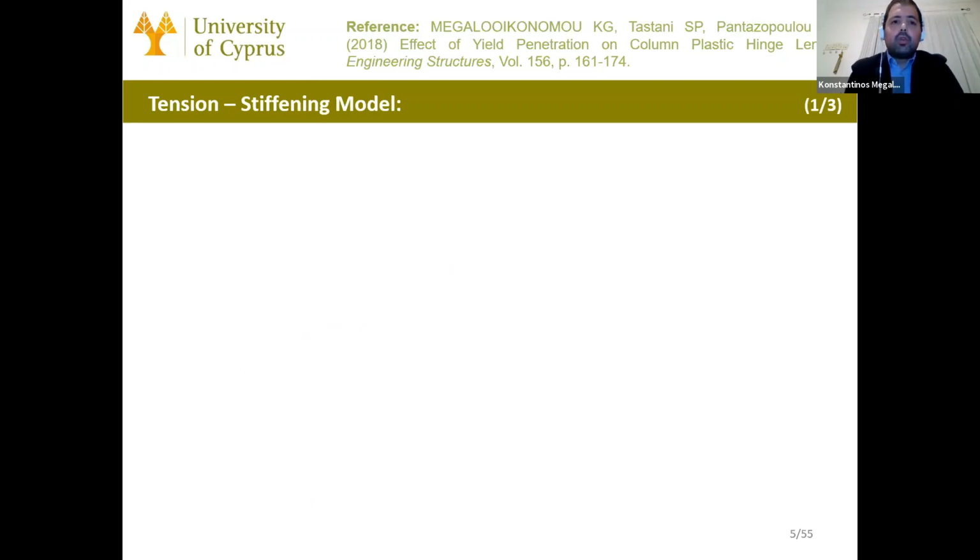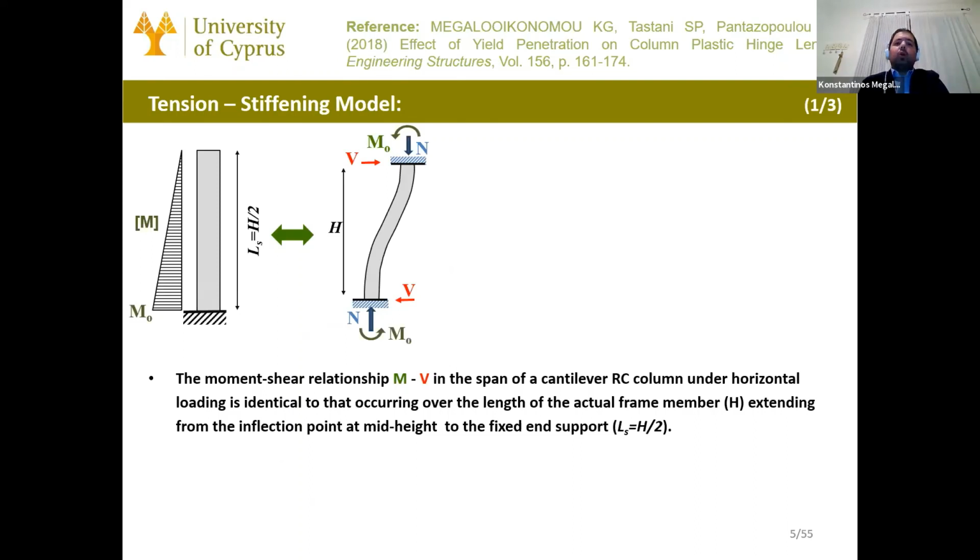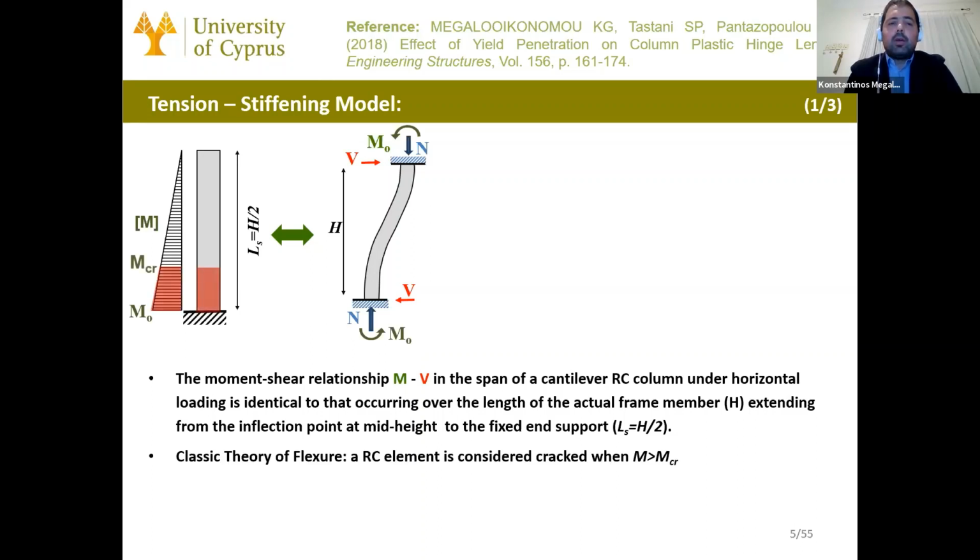So, as we said before, the moment-shear relationship in the span of a cantilever under horizontal loading is identical to that occurring over the length of the axial frame member, extending from the inflection point at mid-height to the fixed end support. According to the classic theory of flexure, a reinforced concrete element is considered cracked when the moment exceeds the cracking moment.